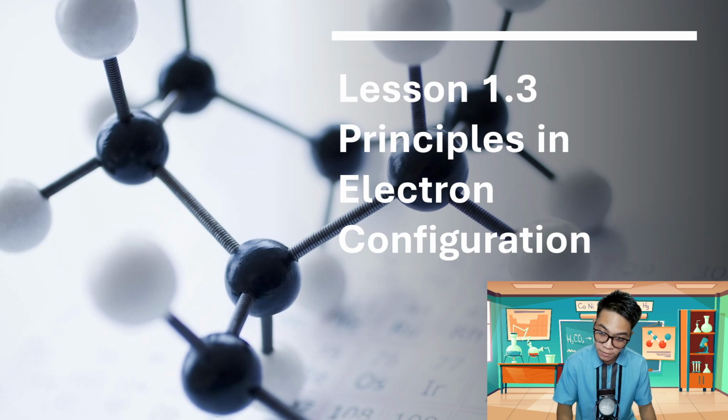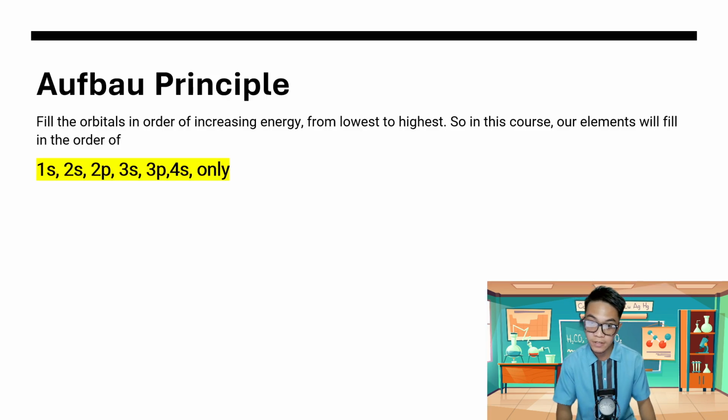So the first principle in electron configuration is the Aufbau principle. What does it mean? This principle states that we should fill the orbitals in order of increasing energy level, from lowest to highest. And may I just ask what this energy level is represented by in our electron configuration?